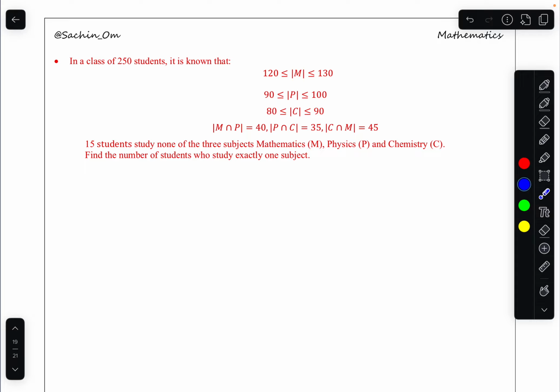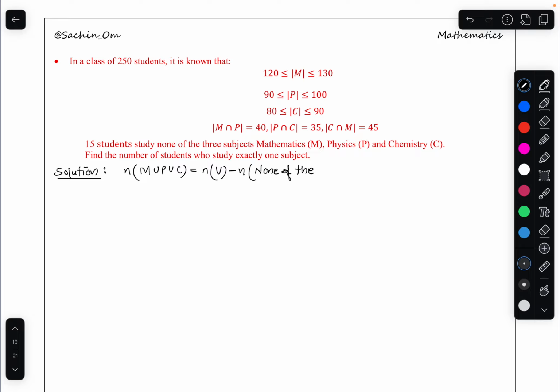So I would suggest you stop, try to do this question yourself, and see whether you can crack it. I'll start solving here. I have been given that 15 students study none of the three subjects. So let me find the union first. The number of elements in M union P union C would be the number of elements in the universal set minus the number of elements in none of the three.